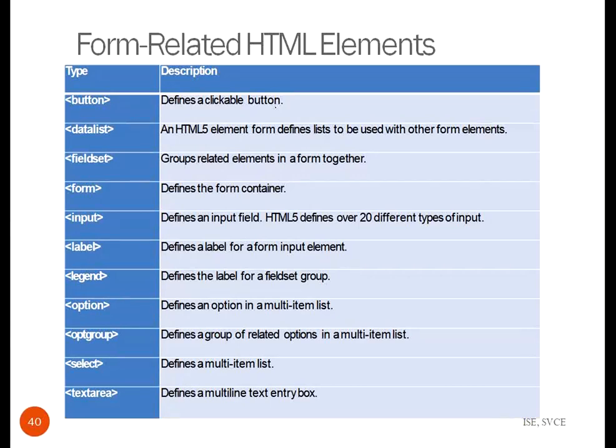Normally I will take the example of either a login page or a registration form. If it is a login page, you will have a username and password, followed by two clickable buttons. If you click on that, whatever data is entered will be taken to the server.